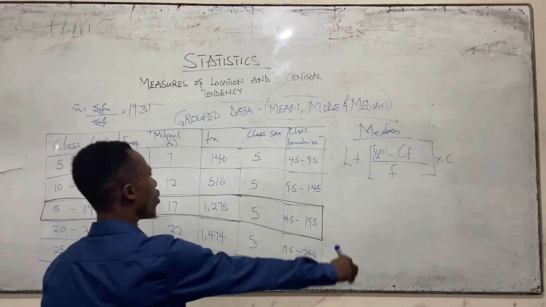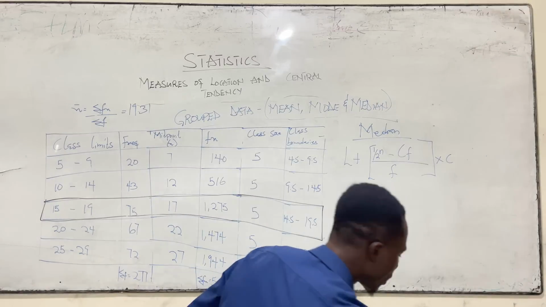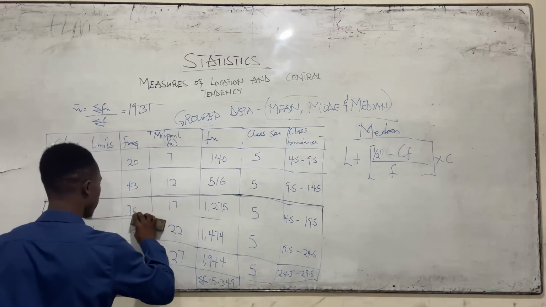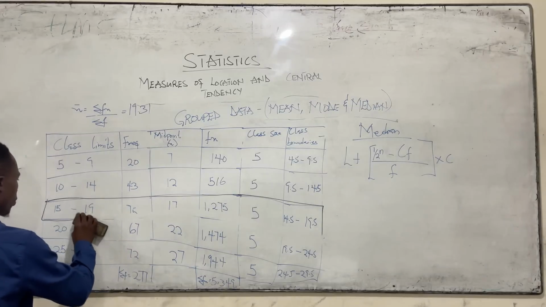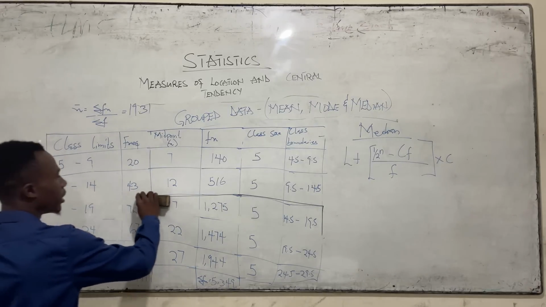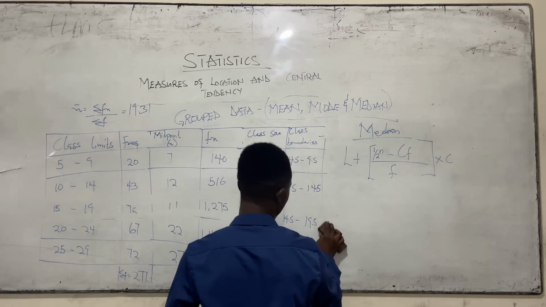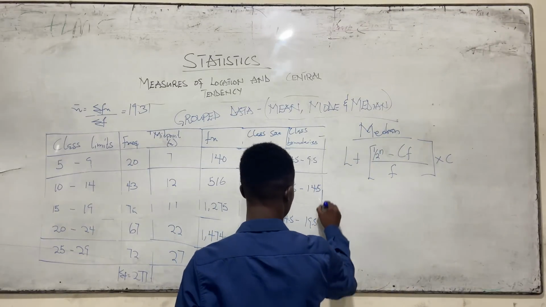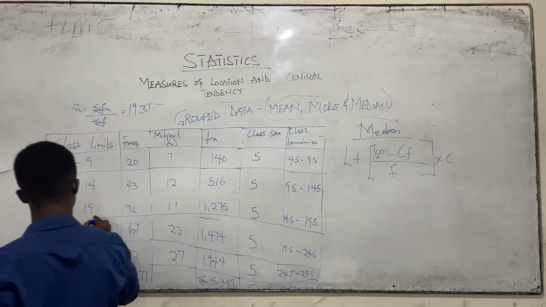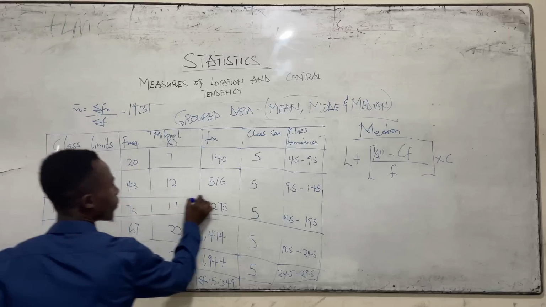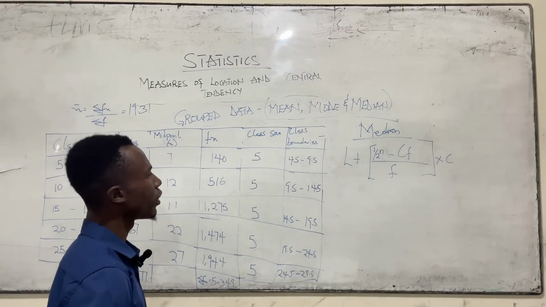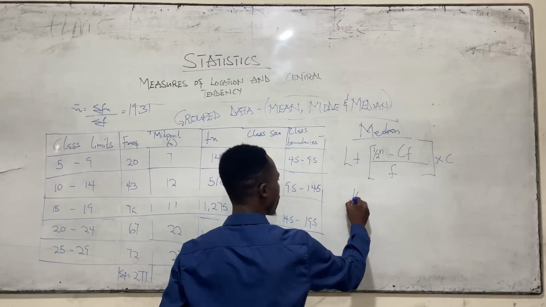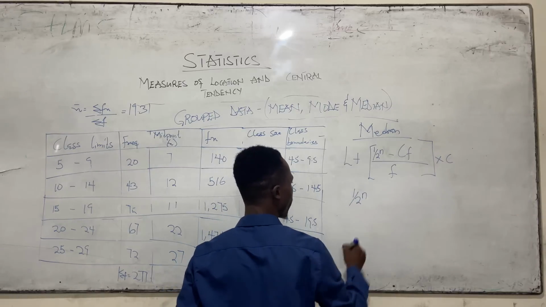Okay. Now this dark line here represents the modal class. We use that one for the modal class. So let me just clean this one, and we now look for the median class, right? Before you look for the median class, that is half n, right?